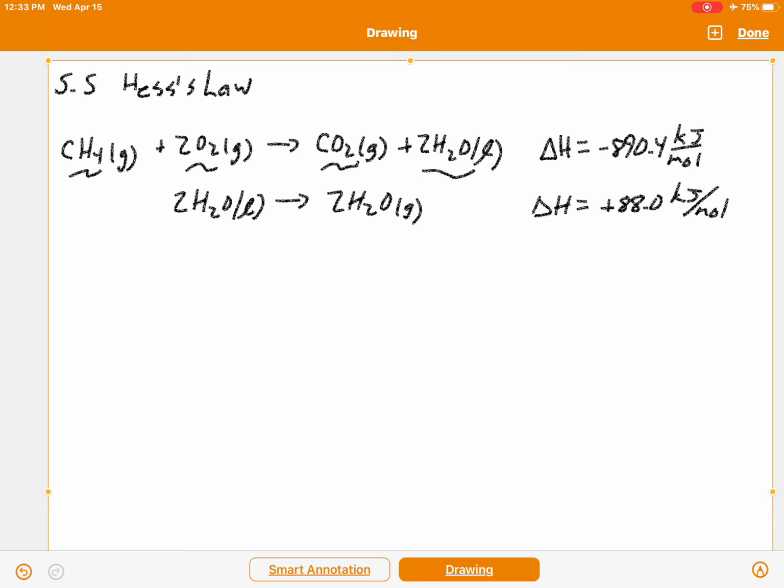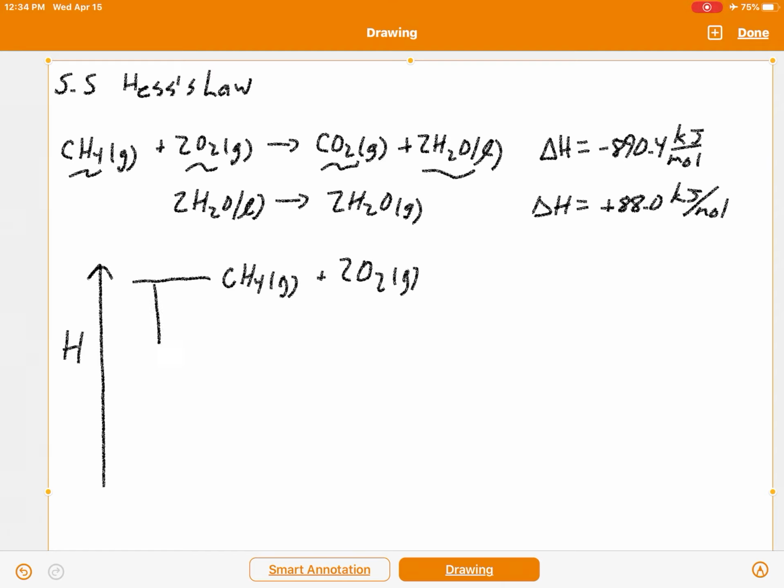So imagine it this way. Imagine this is enthalpy H, and what I'm going to do is put my reactants up here. So methane plus 2 moles of oxygen.